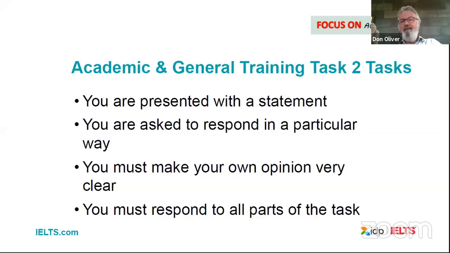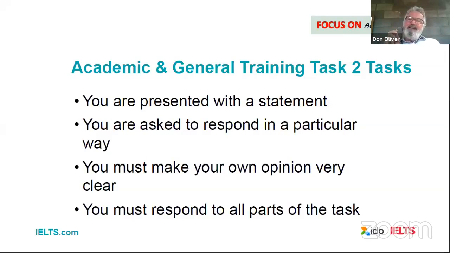It could be, to what extent do you agree? In other words, do you agree or not? Or it can be more complex. It could be, what are the reasons for this? And what are the effects? It could be, discuss both of these statements and give your own opinion.